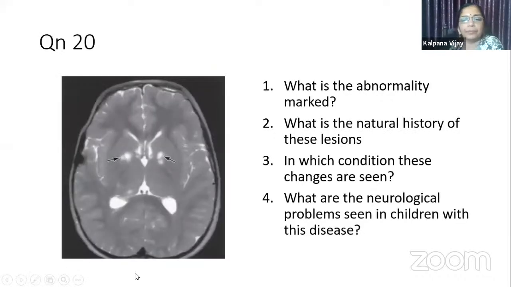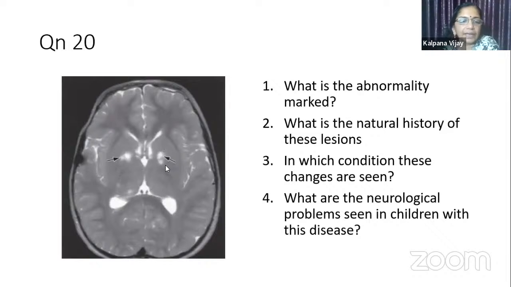So what is the abnormality that is marked? This is a picture from Nelson. So what is this?